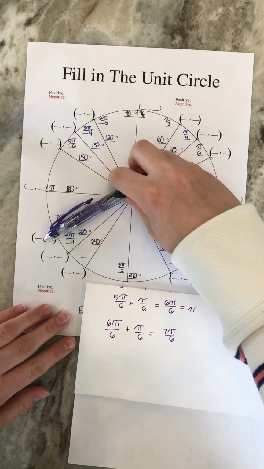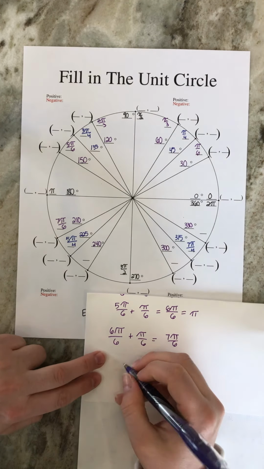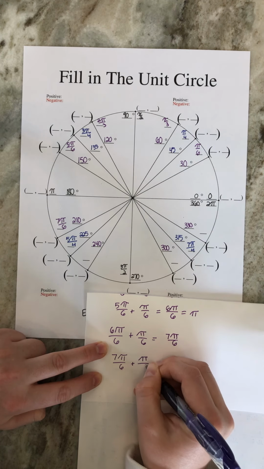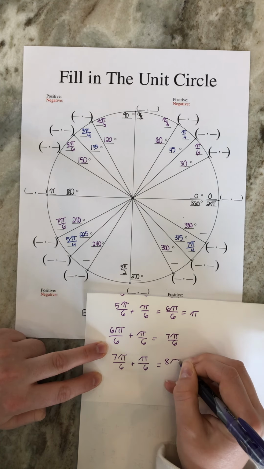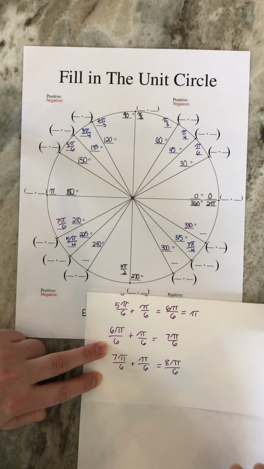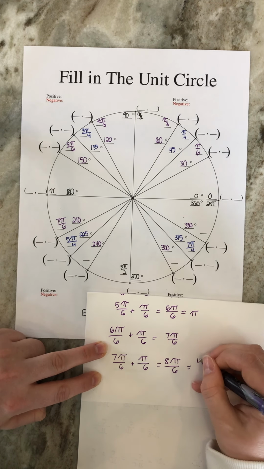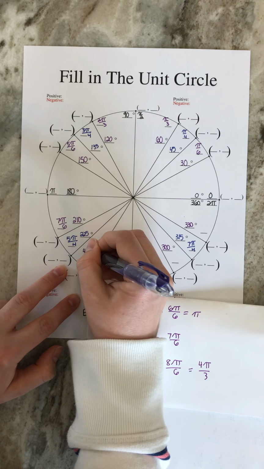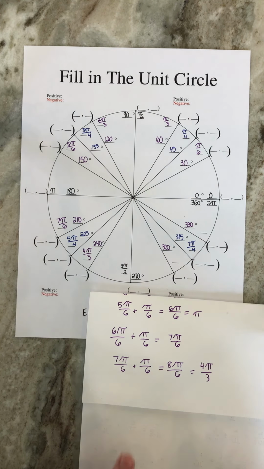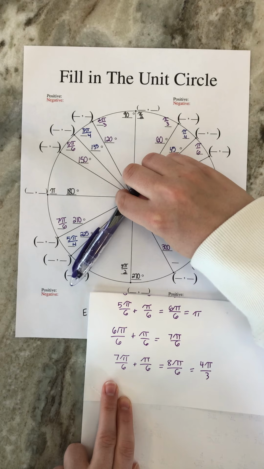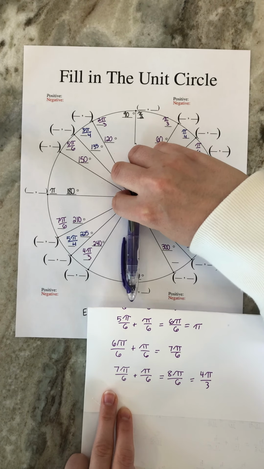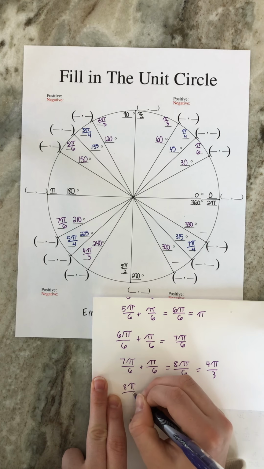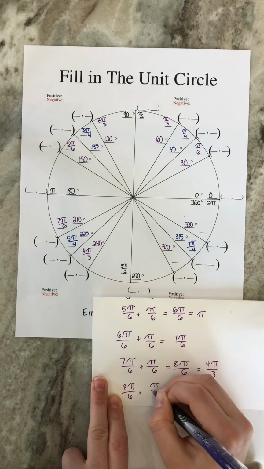Now we're going to do another 30-degree rotation. Take that 7 pi over 6, add pi over 6, and we get 8 pi over 6, which we can simplify to 4 pi over 3. Another rotation is going to get us back to this 270-degree mark. So I take 8 pi over 6, add pi over 6.